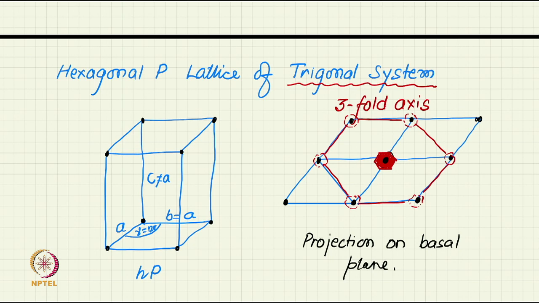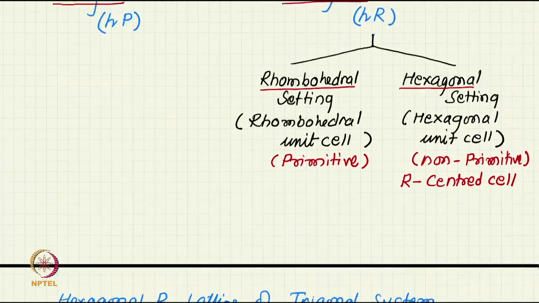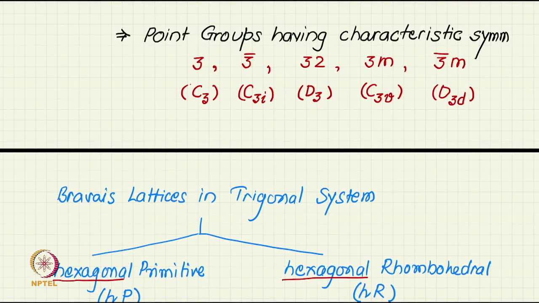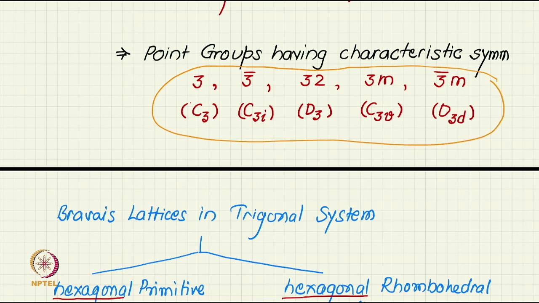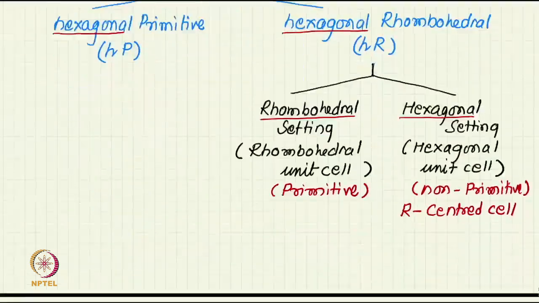It will belong to trigonal crystal system only if we decide to put a motif having symmetry of the trigonal system, a motif having one of these 5 point groups. All of them have a single three-fold axis.